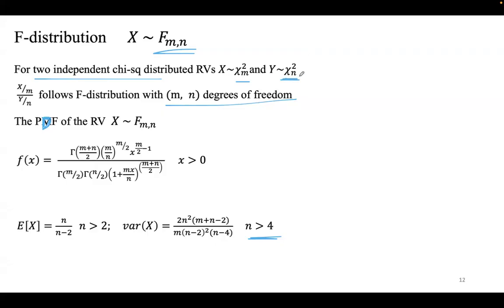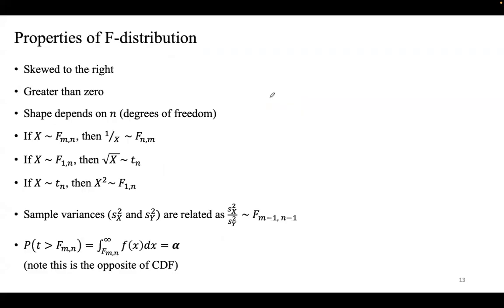That's the restriction we have for F distribution. The 2 random variables that you're taking, which have chi-square distribution, the second one has to have more than 4 degrees of freedom. So F distribution is slightly skewed on the right. Again, we'll see how it looks. Shape depends on m and n, greater than 0. I'll come to this point in a minute.